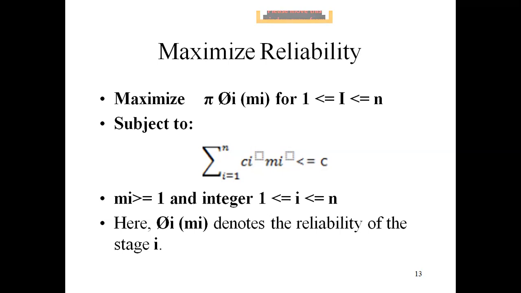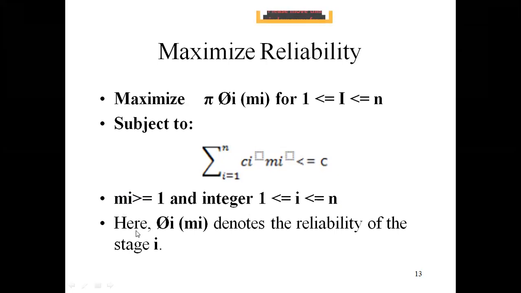So Ci multiplied by Mi for all devices, device 1, device 2, device 3, up to device n, should be less than or equal to the allowable cost of the system, C. Mi should be greater than or equal to 1 and an integer, with i varying from 1 to n. Here Mi means the number of devices of the same type, which should be at least 1.